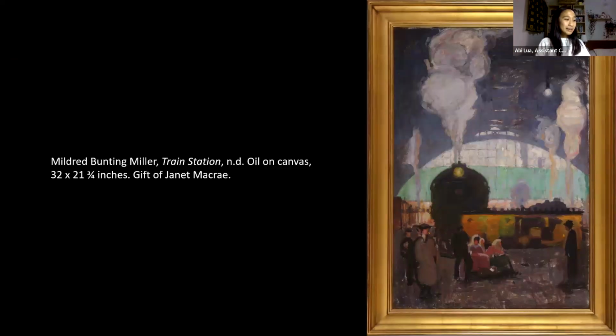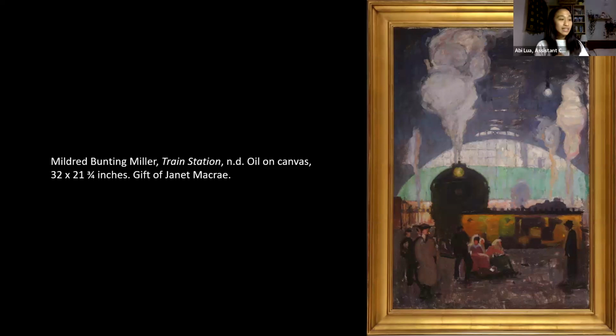And so in addition to buildings, I also wanted to think about transportation, as travel was an important part of this urban lifestyle. And so here I'll have a few paintings of trains, essentially, that we have featured in our gallery right now. So this is Train Station by Mildred Bunting Miller.